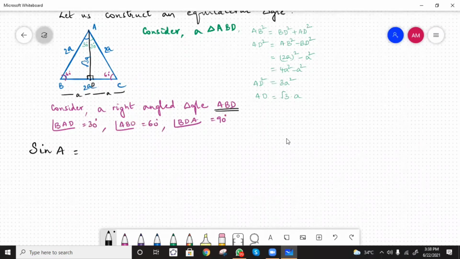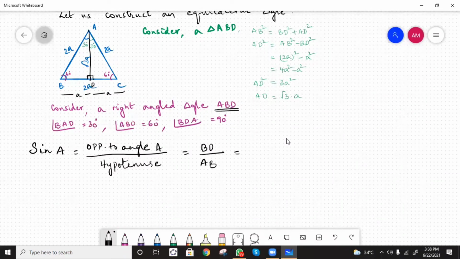What will be sine A? Opposite to angle A divided by hypotenuse. What is opposite to angle A in this triangle? BD. Divided by hypotenuse, AB.